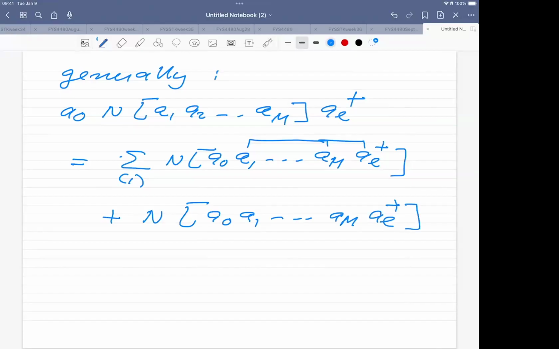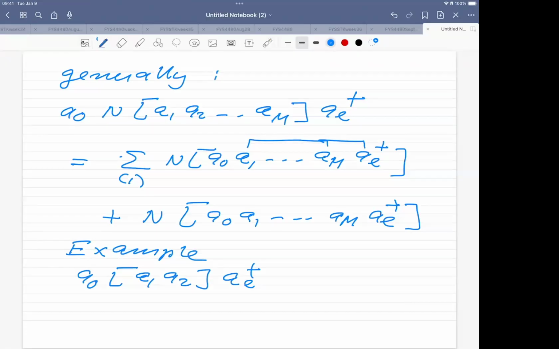So it's actually pretty straightforward to see that. And if you want to do more examples, we could now have a new chain of operators where we could take as a further example of this. You could now look at a chain which has been normal ordered with A1, A2, and then you're adding this AL dagger, and then I'm having a new annihilation operator.